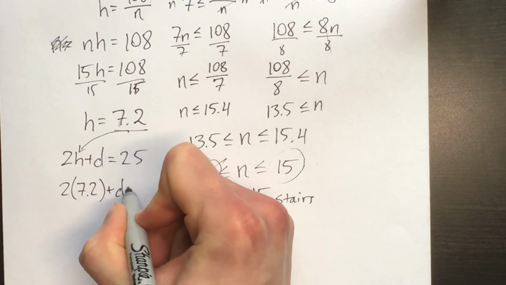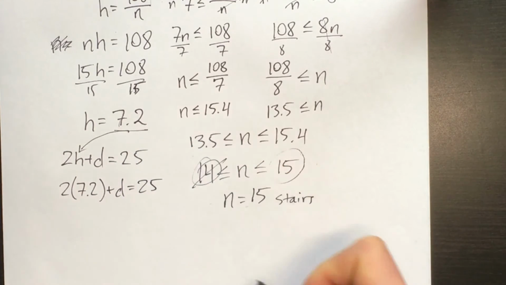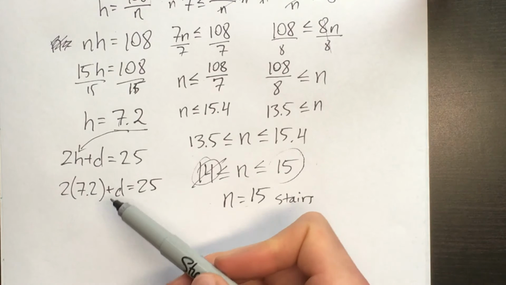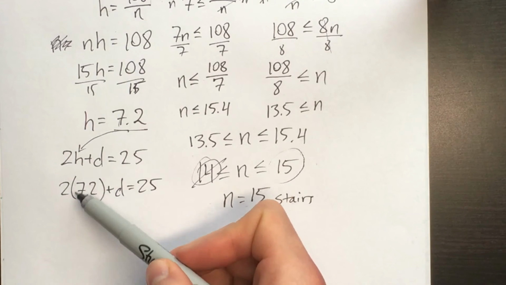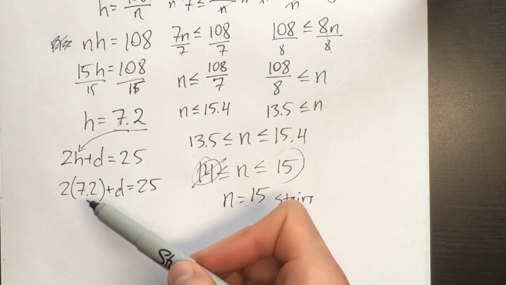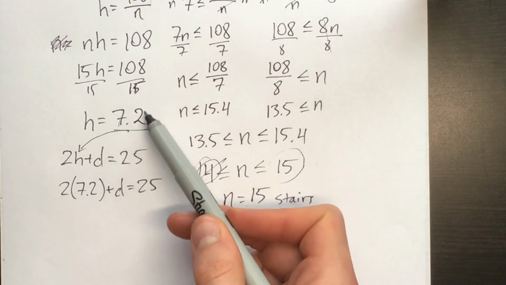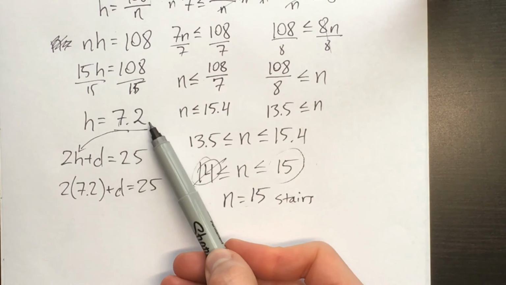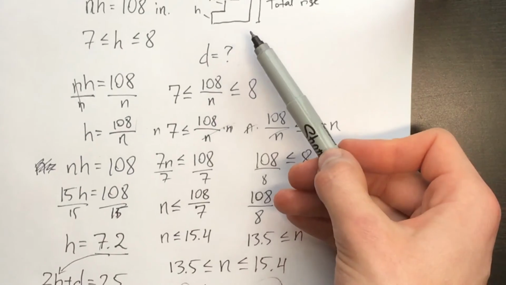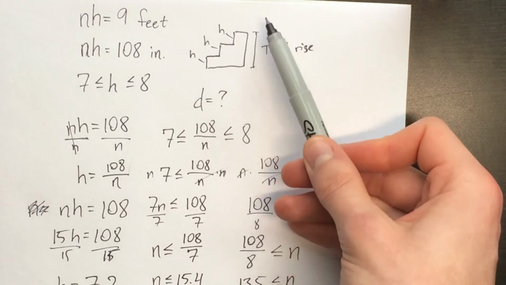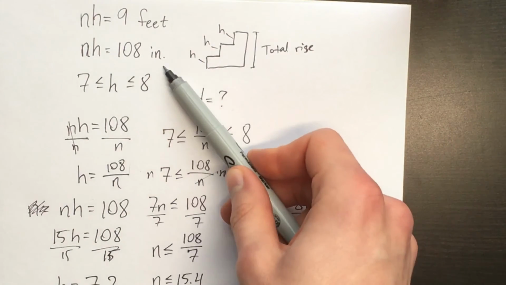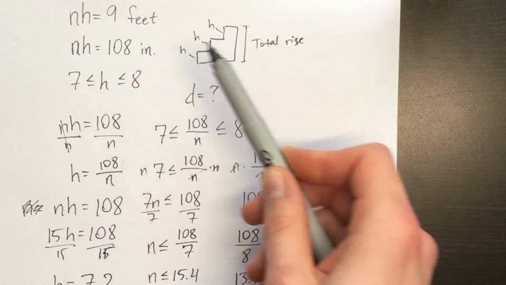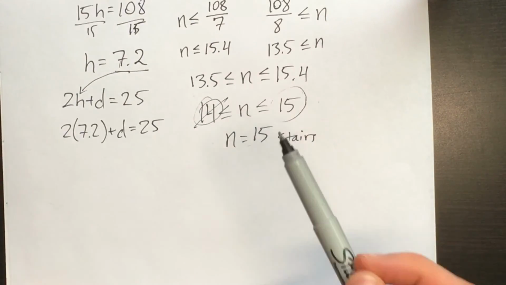So we can write 2h plus d is equal to 25. So we're looking for the tread depth when the riser height is 7.2 inches, and we figured out that the riser height needs to be 7.2 inches because that's what it has to be in order for our total rise to be 108 inches given 15 stairs. So from here, you just solve for d.